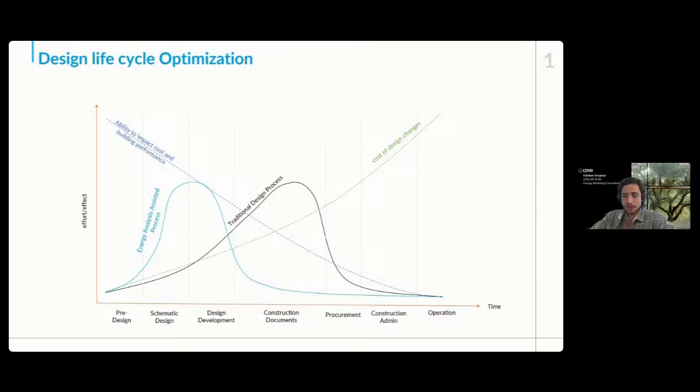So it's about visualizing the construction and operating cost trade-offs at both the component and the whole building level. Very often we also see energy modeling being used to evaluate energy conservation measures in terms of payback. When you calculate operational savings that accrue after initial capital investments, you can balance that out with the upfront cost.